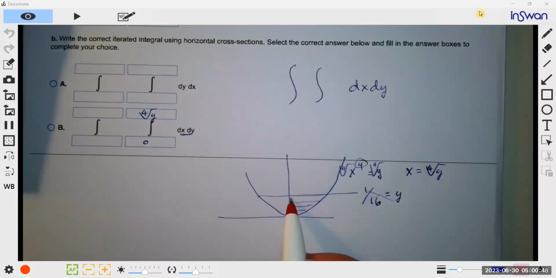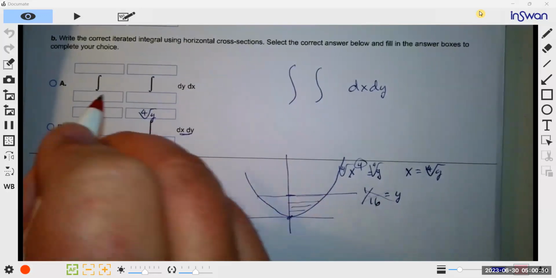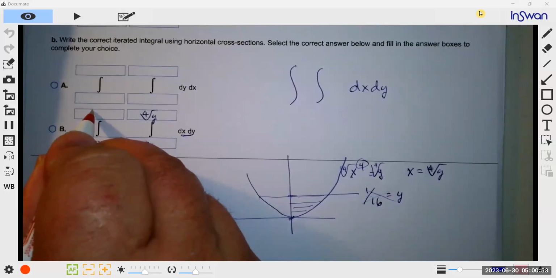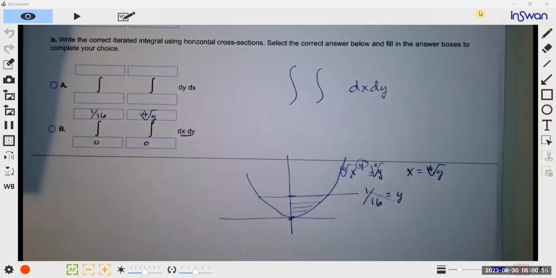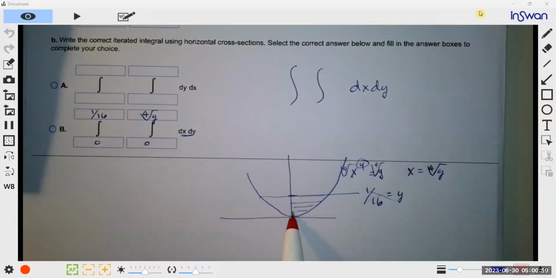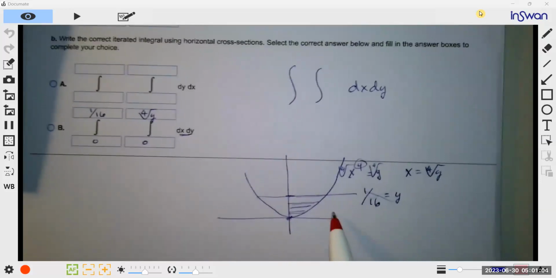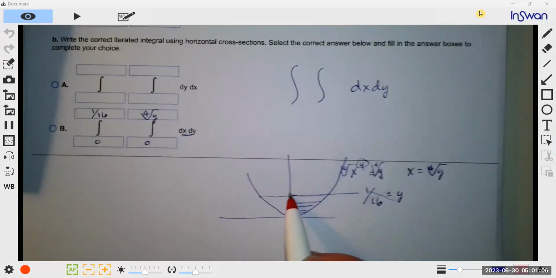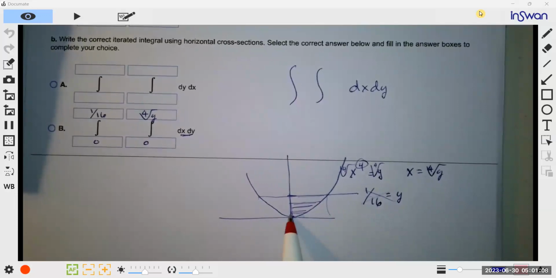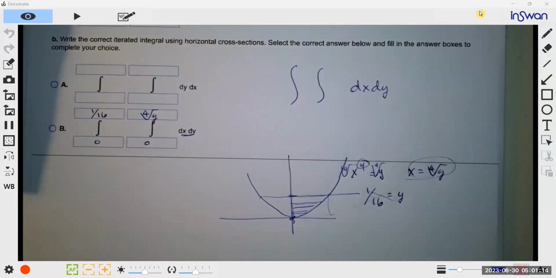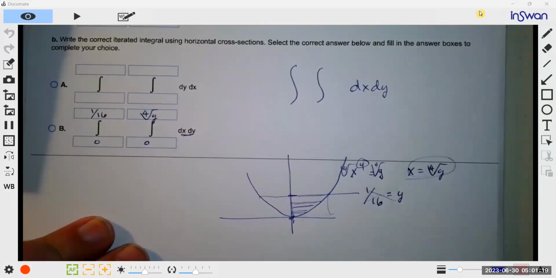It goes from 0 to here, which is 1/16. All right, the length of these, in this case, going horizontally, it starts at 0 and it goes up to there, which is what that value is on the x-axis. All right, that's that one.